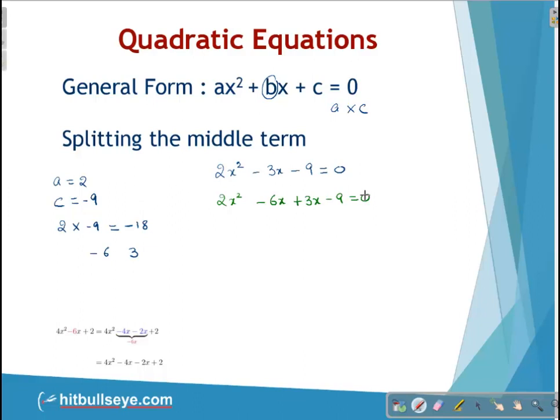After this, I'll try to make a pair of 2 terms, like I'll club the first 2 terms and the last 2 terms. Then try to take out the common values. Here the common value will be 2x and I get it as x minus 3. The common value here is 3 and I'll get the bracket as x minus 3.